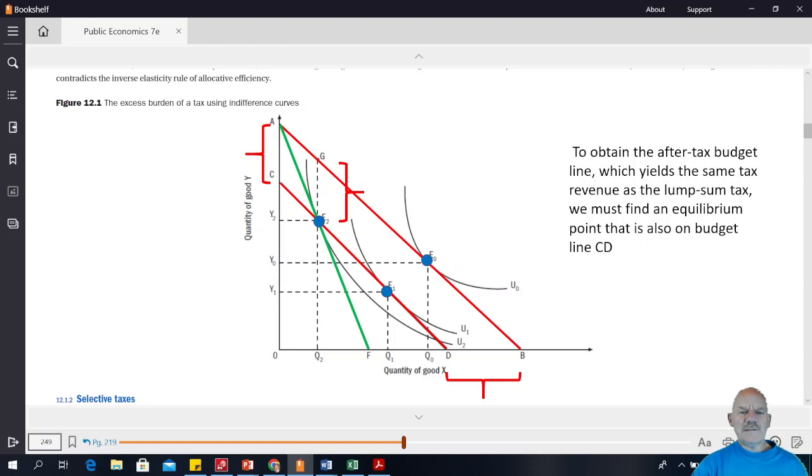And one can also see that the size of the movement must obviously be the same at point E2. GE2 is the same distance as AC. I mean, the two curves are parallel, so that's obvious. So the decrease in income to point E2 is still the same as the decrease in income as a result of the lump sum tax.